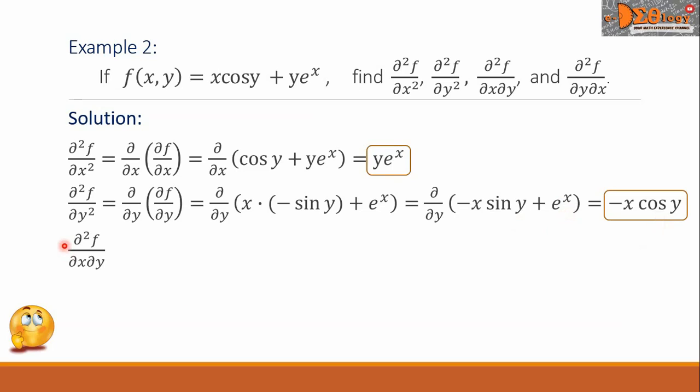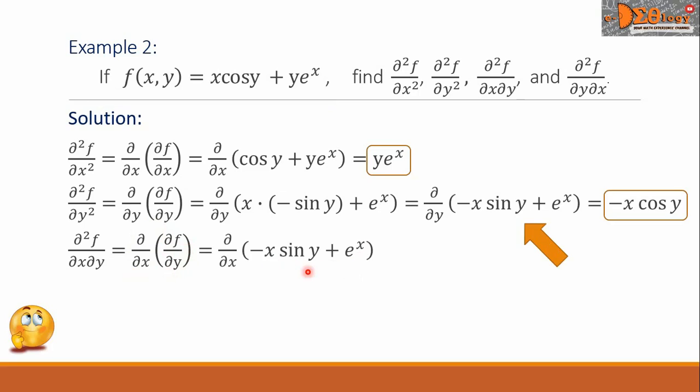We have now the second order partial derivative of f dx dy. This means we're going to take the partial derivative with respect to x of the partial derivative of f with respect to y. Let us now evaluate partial derivative of f with respect to y. And that is negative x sine y plus e raised to x.